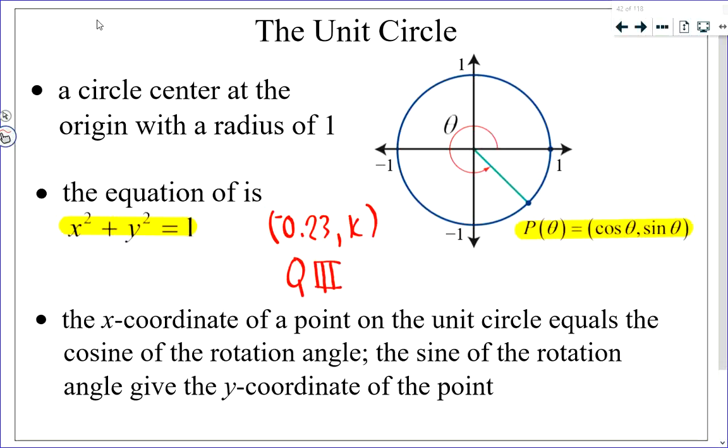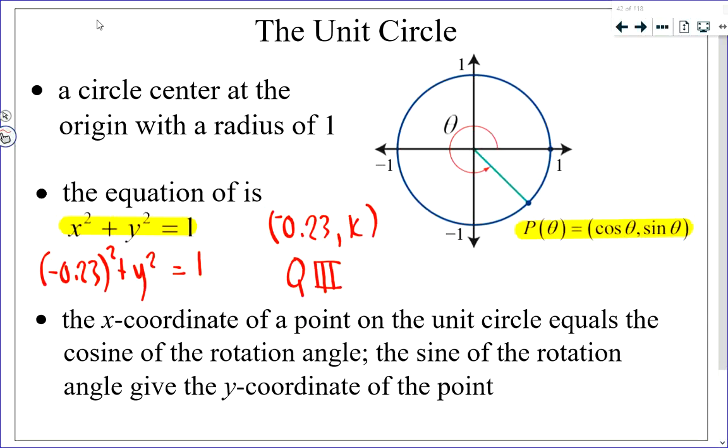And again, you get so caught up with that big picture of the unit circle with all the coordinates that you forget that x squared plus y squared equals 1. So -0.23 squared plus y squared equals 1. I'm not going to solve that, but when you solve it, you're going to end up taking for y squared plus or minus the square root of a number. And since it's in quadrant 3, you'll go with the negative of the square root of that number.